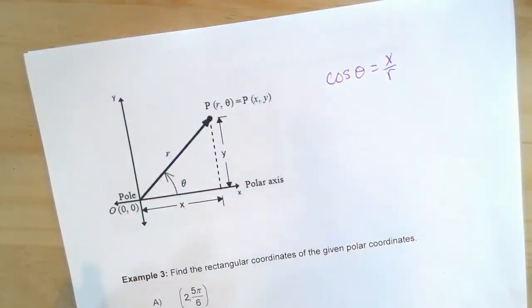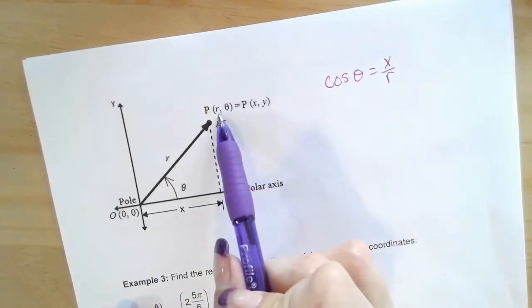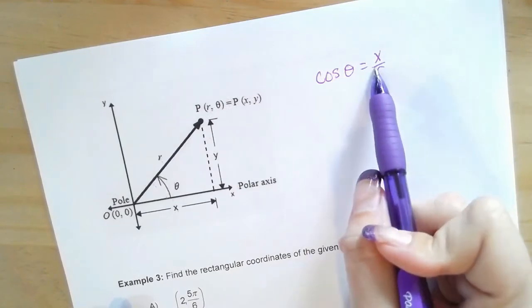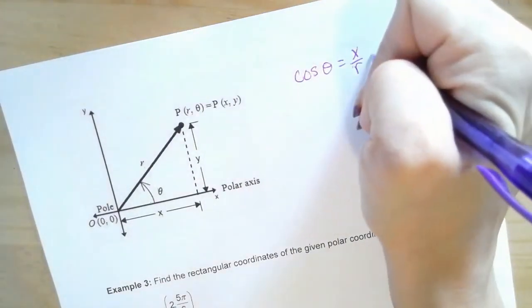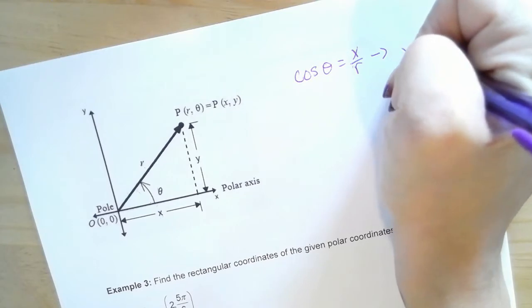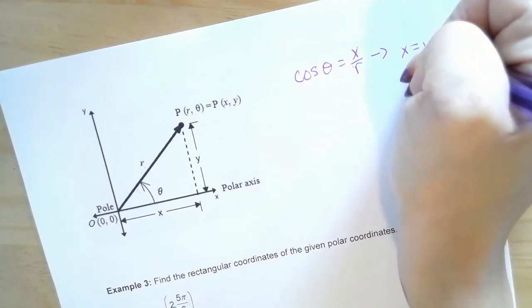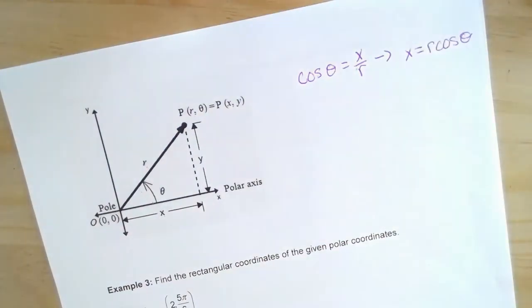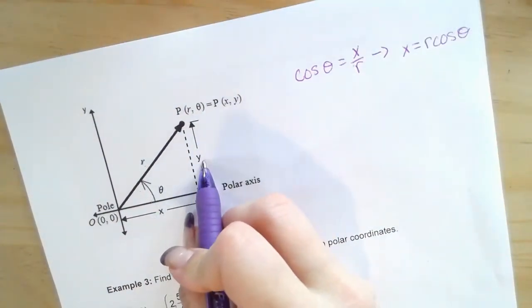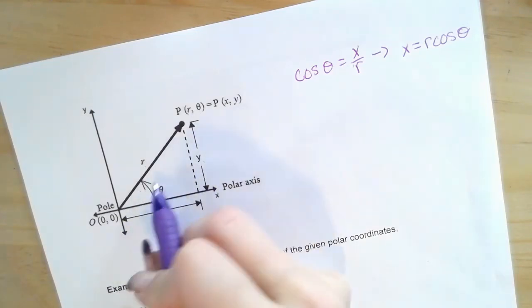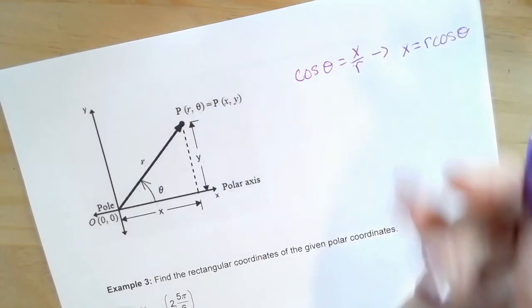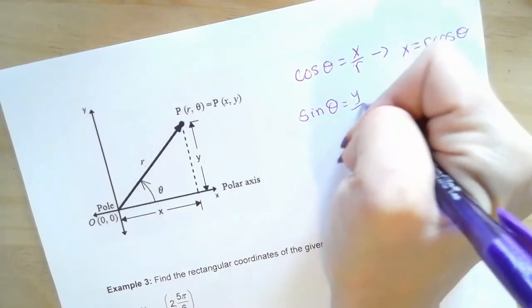Now again, remember, I want to convert this r comma theta into x comma y. So I have to solve for this x. That tells me that x is the value of r times cosine of theta. Same thing, if we were to solve for y, y is the opposite of theta, and then we have our r being hypotenuse, so we have sine of theta equals y over r.